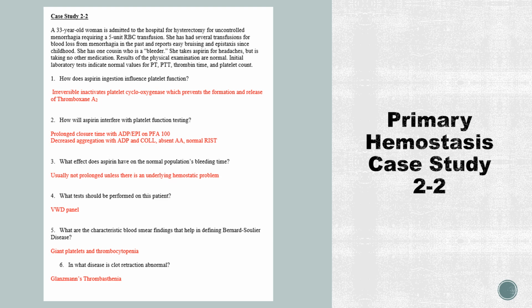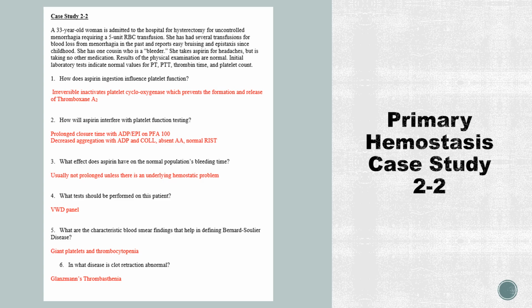Now, there is one little thing. Bernard-Soulier has a couple of differences with regard to the characteristic blood smear findings. What we typically find in Bernard-Soulier disease that we do not find in von Willebrand's is giant platelets and variable thrombocytopenia.